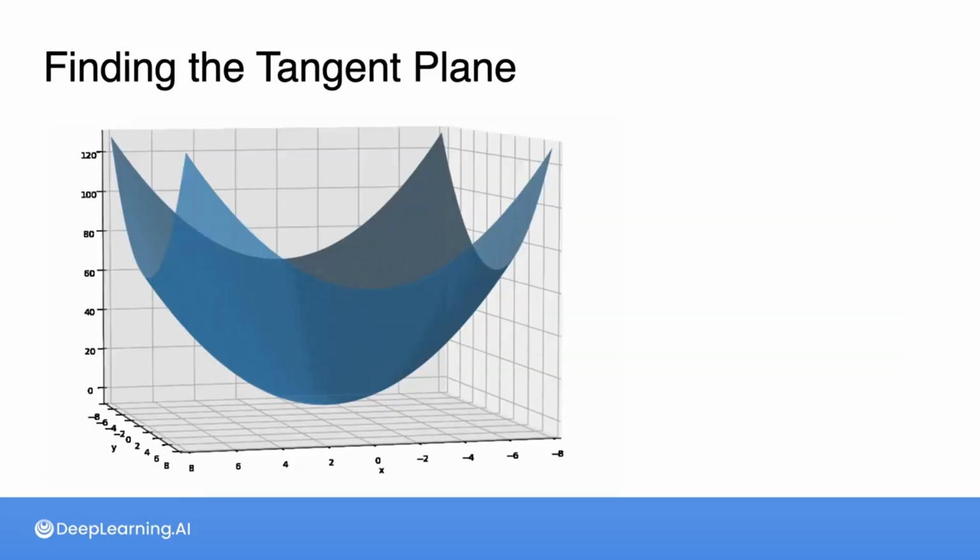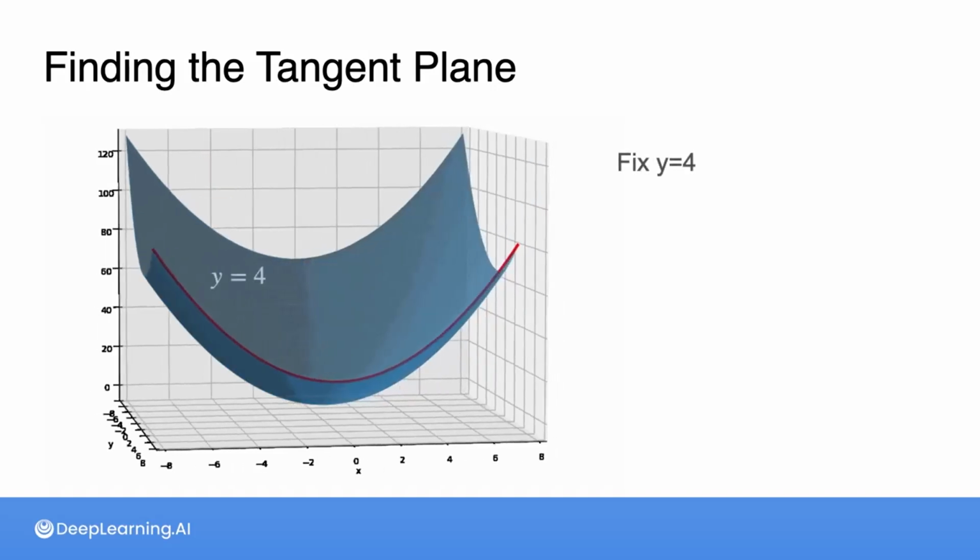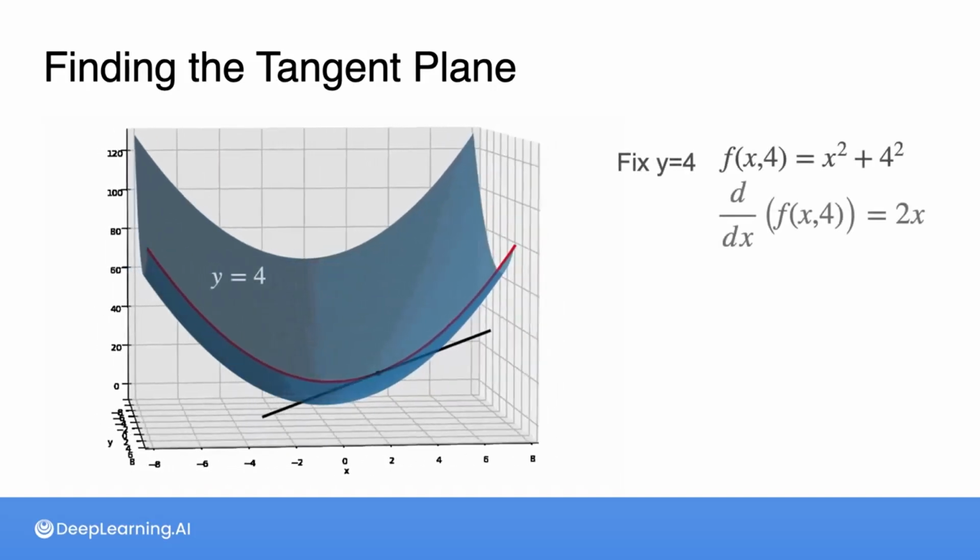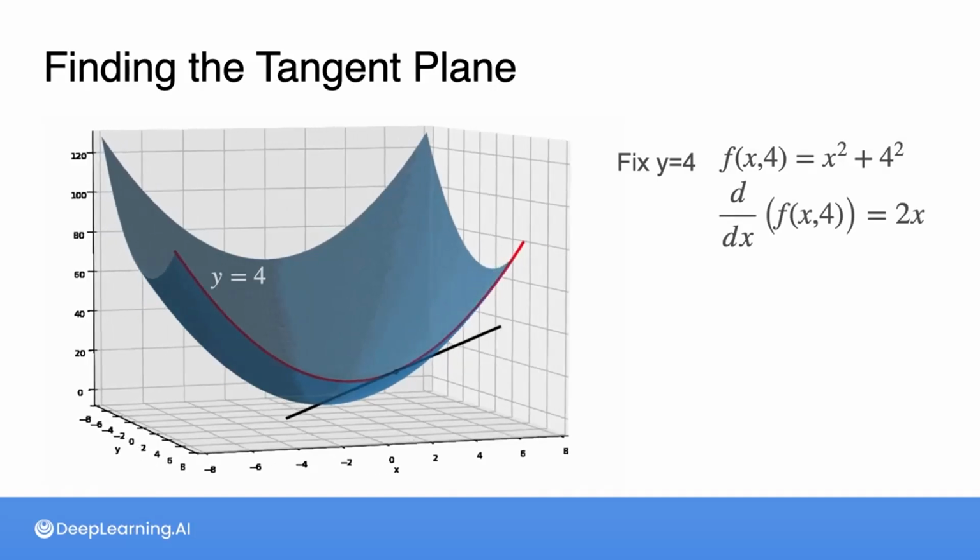So how do we get this tangent plane? Essentially it's the same as the 1D case, except we have to take 2 cases. We have to actually cut the space into planes and then calculate the tangents on these planes. Let's say we fix y equals 4. That means we're cutting the space here, and we have a parabola, the red parabola.